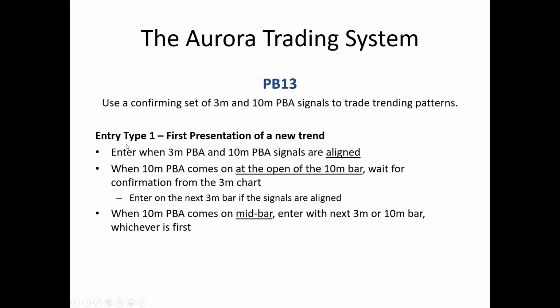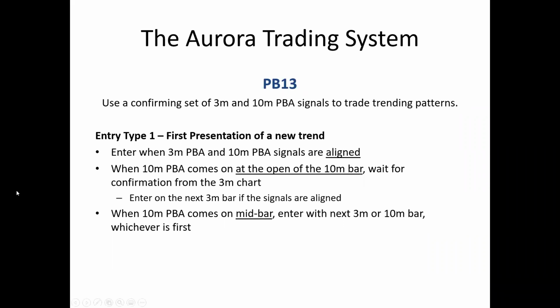So the first entry type, which is the first presentation of a new trend, is you're going to enter a PB13 trade when the 3-minute and the 10-minute PBA signals are aligned. So you want that alignment.